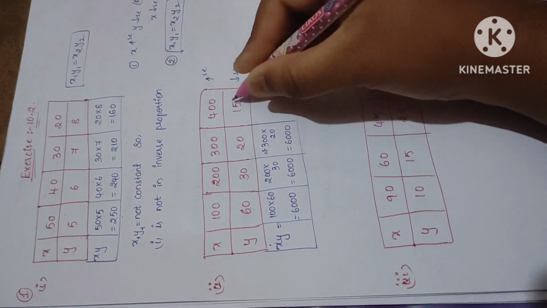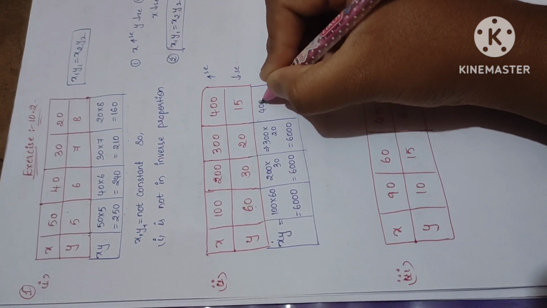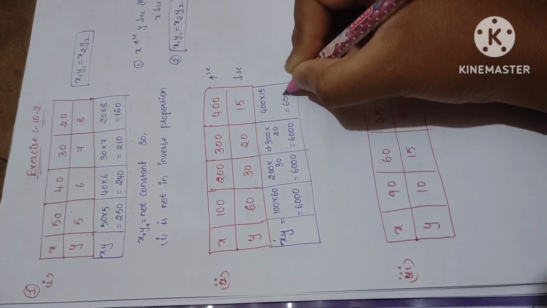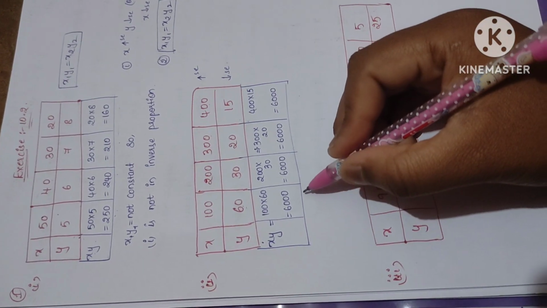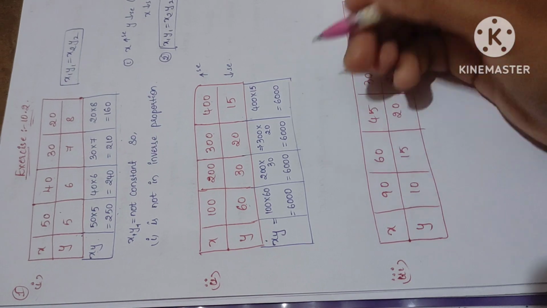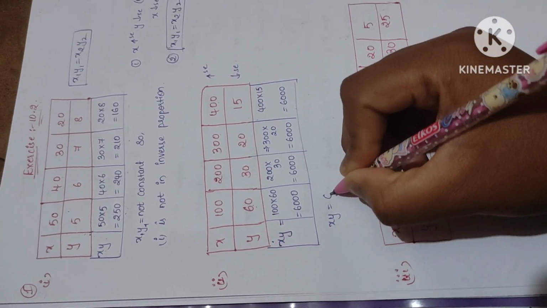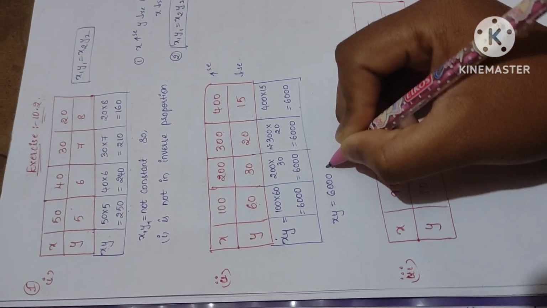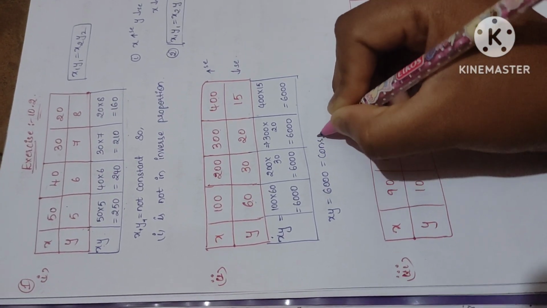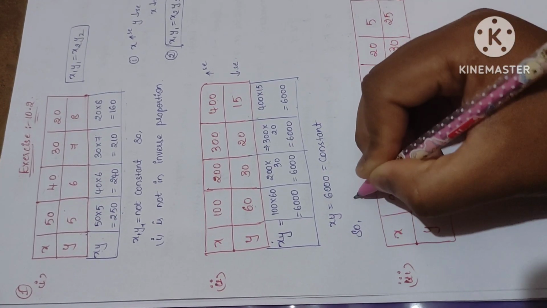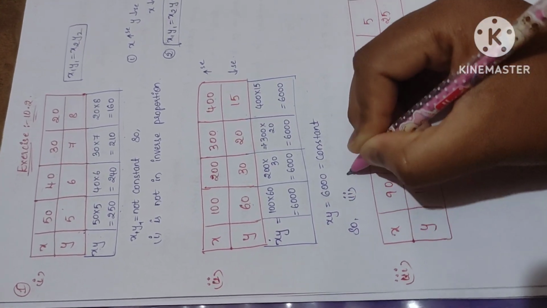In fourth column 400 into 15, 15 4s are 60 and 2 zeros, so we will get 6000. In this problem you can see all the values of x into y are constant, that is 6000. So we have to write xy equal to 6000, that is equal to constant. So the second problem is in inverse proportion.